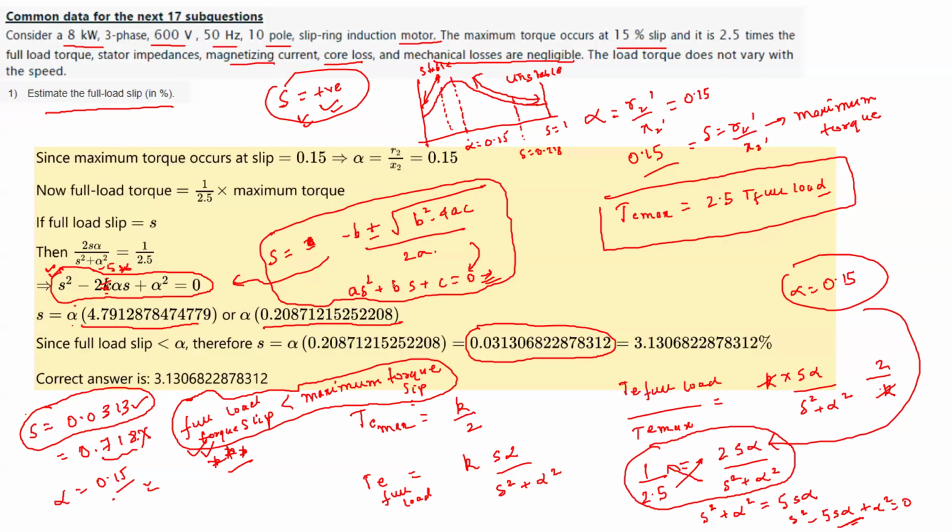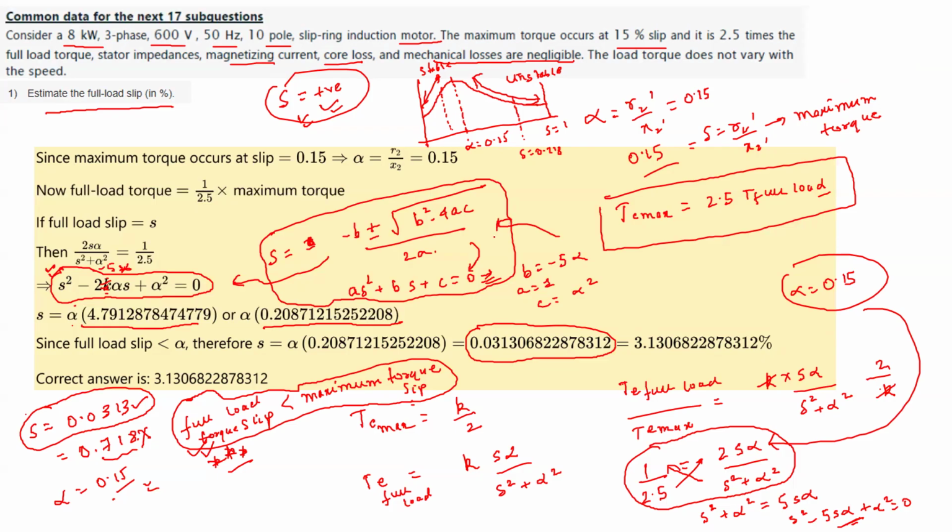B will be 5 alpha. So B is basically minus 5 alpha. I'll write it for you. A is 1 and C is alpha square. So you have to just substitute this value of ABC in this expression.